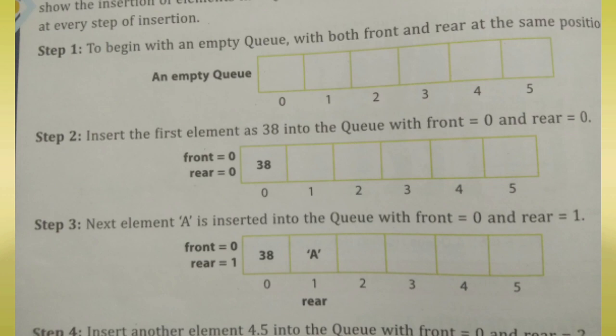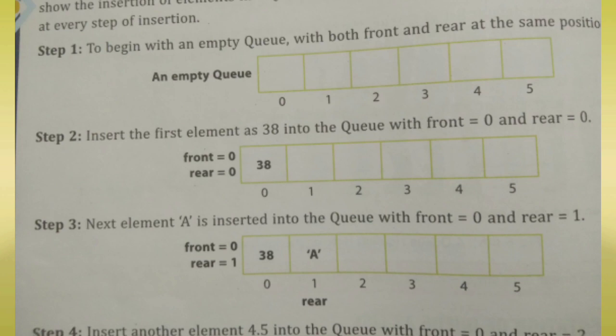In the second step, did you see front equal to 0, rear equal to 0? We already discussed that inserting an element into a queue takes place at the rear end, deletion takes place at the front end. Before inserting an element, both front and rear values will be 0.